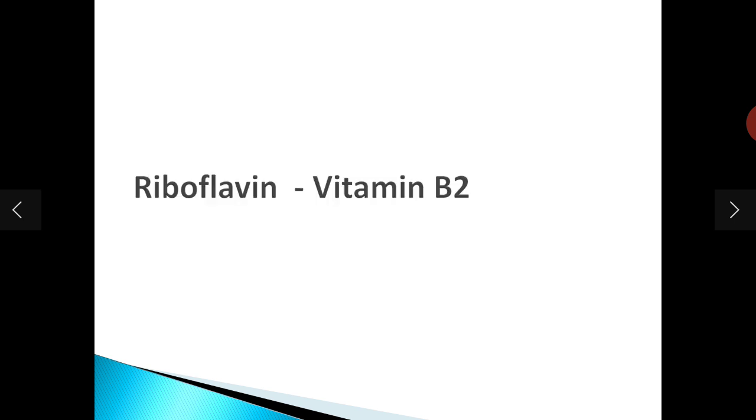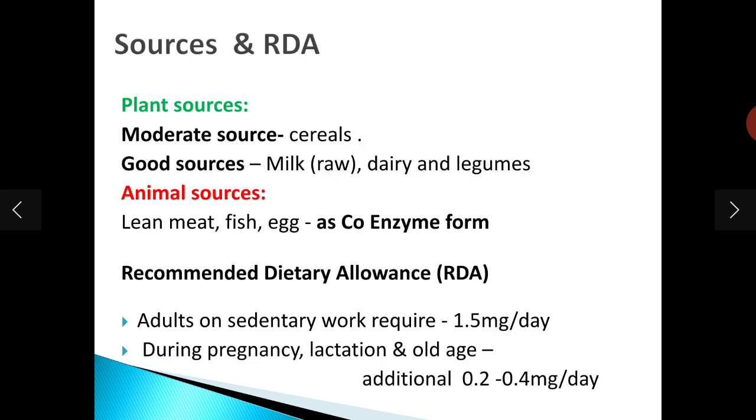So coming to vitamin B2, it is riboflavin. The sources and the recommended dietary allowance: the plant sources are cereals, the good sources are milk, dairy products and legumes.